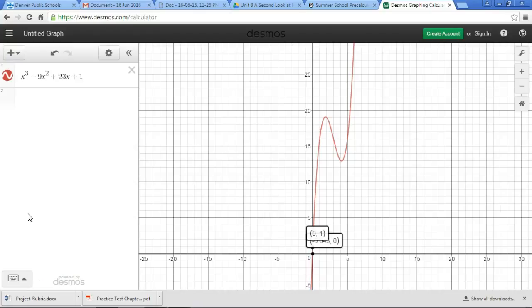As you can see, we have one maximum right here at about 19, and one minimum right here at about 13. And then it looks like it crosses at 0, 0, and the y-intercept is 0, 1. So let me know if you have any trouble with your calculators. Otherwise, you can go ahead and sketch this graph on number 4.